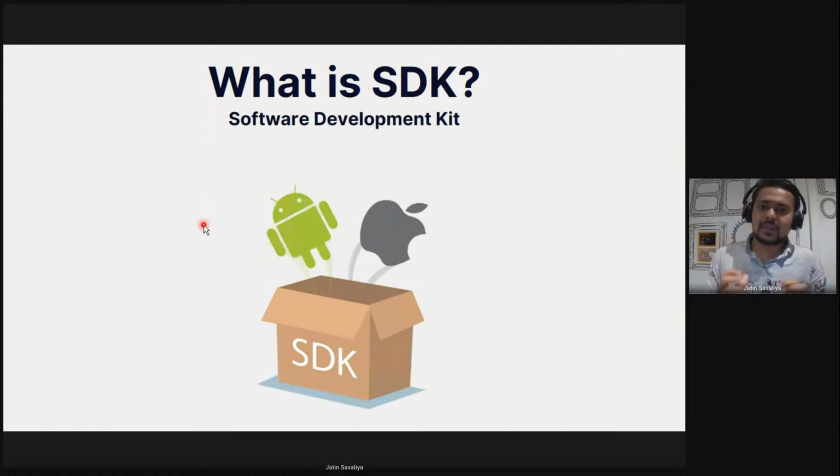There are two ways to achieve it. First, I can use a third-party application, ready-to-use applications like Google Meet, Zoom, that kind of thing. Or I can use a software development kit to build that feature in my application natively, and then serve it to my clients.